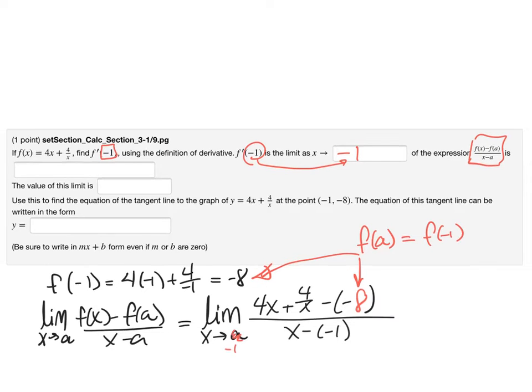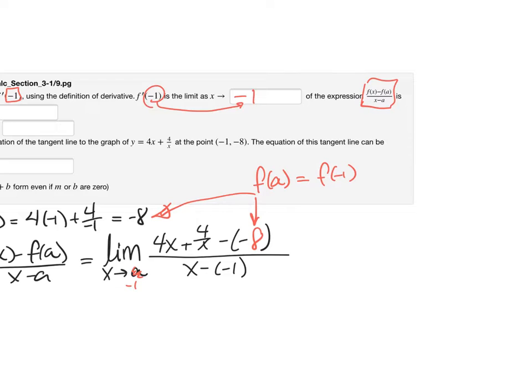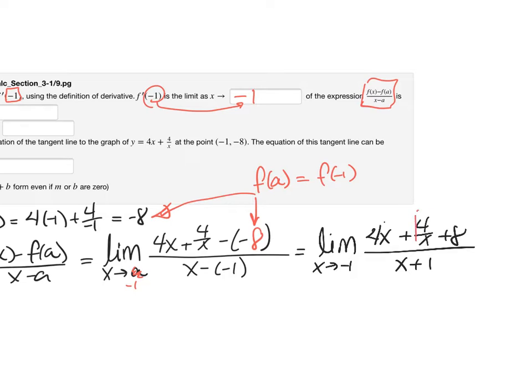All right. So this is equal to the limit as x approaches -1 of 4x plus 4 over x plus 8 over x plus 1. My numerator has a complex fraction right here, so I need to get rid of that complex fraction.